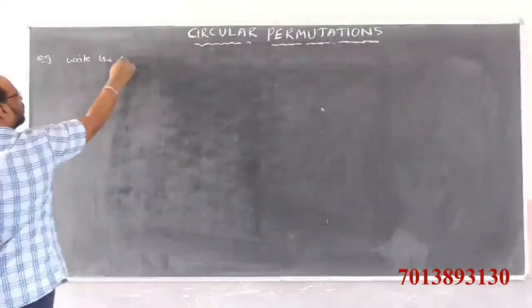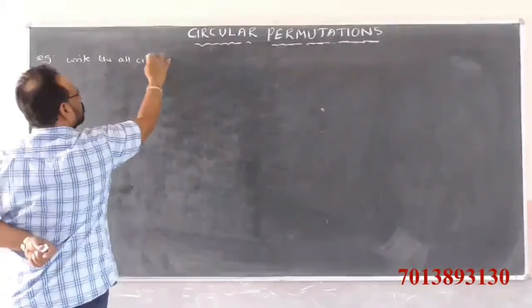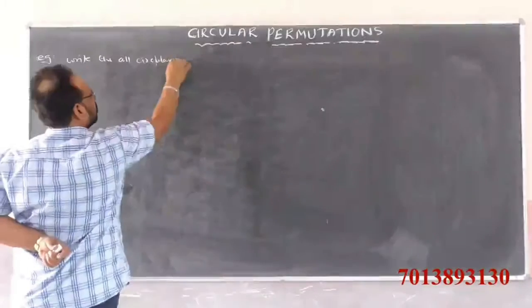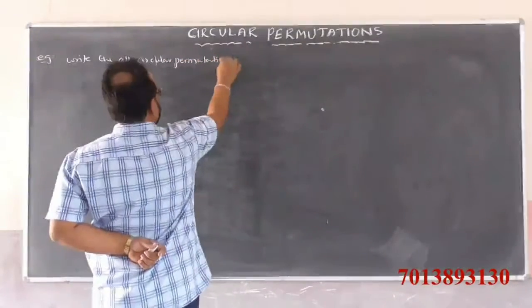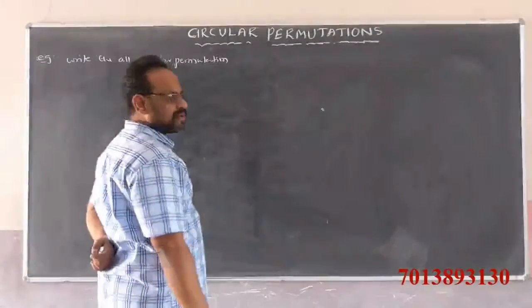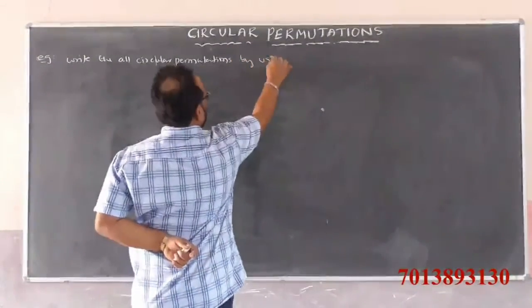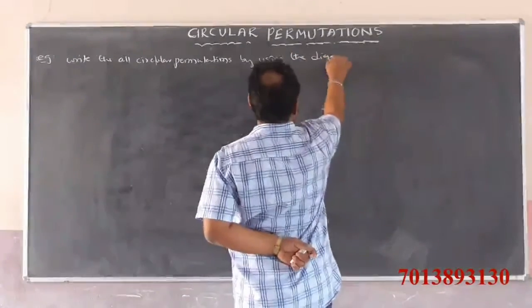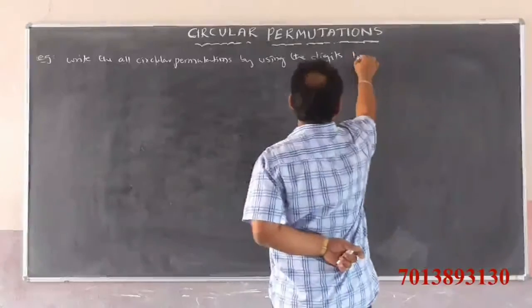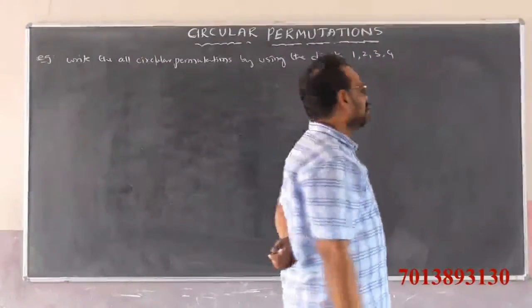Write down all circular permutations by using the digits 1, 2, 3, 4.